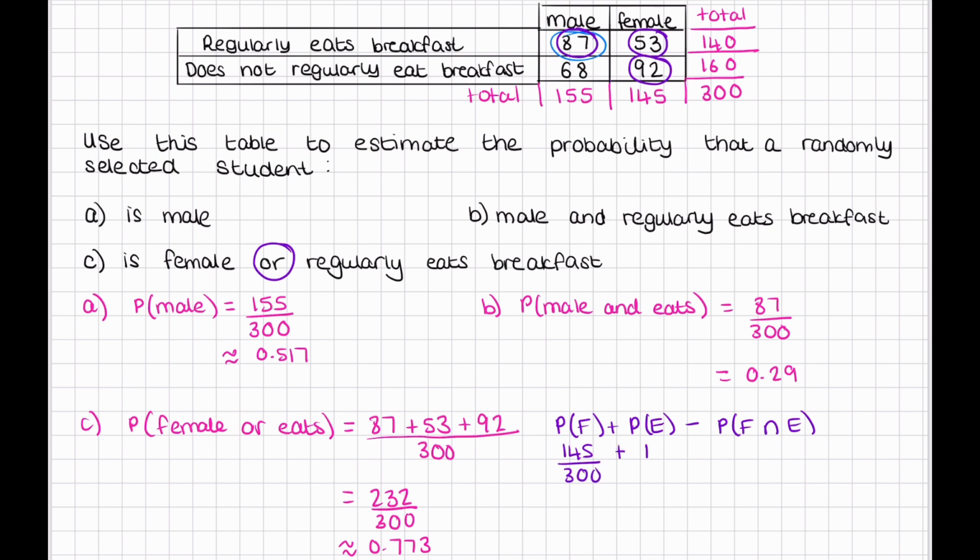Eats breakfast regularly is 140 out of 300, minus the intersection, so female and eats, which is 53 out of 300. Work all that out and you will still end up with the same, 232 out of 300. So if you've got a table, you can just use a table and work out which numbers you need exactly, or you can use the rule that we've used previously. And that is experimental probability.